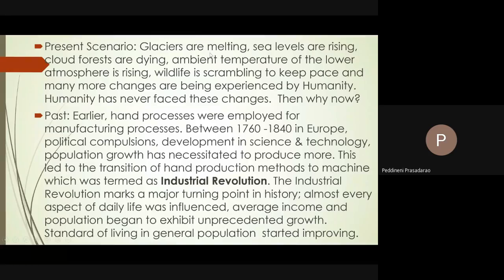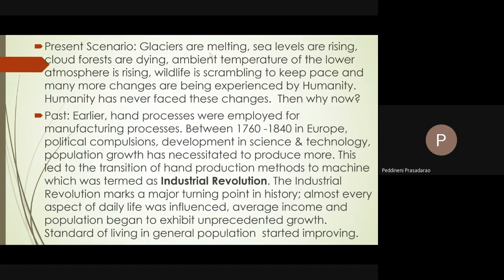Everybody is definitely aware that glaciers are melting throughout the world, and sea levels are also rising. The same thing is happening in any part, either the Bay of Bengal or some other sea or ocean, it doesn't matter. Sea levels are rising in general, cloud forests are dying, and ambient temperatures are increasing.